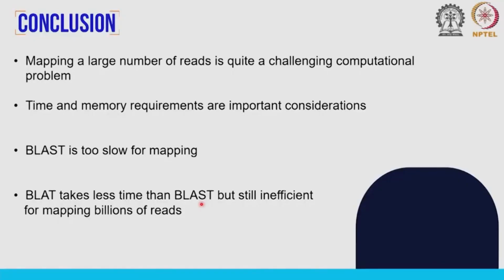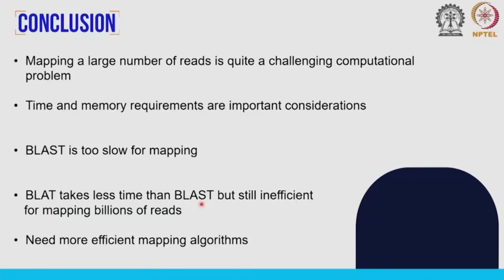We have seen an improvement over BLAST, which is BLOOD. It takes less time than BLAST, but it is still inefficient if you are going with billions of reads. Okay. And this means we need more efficient mapping algorithms. And this is something that has developed with the advancement of sequencing technology. As people have seen, we are getting more throughput from the sequencers.